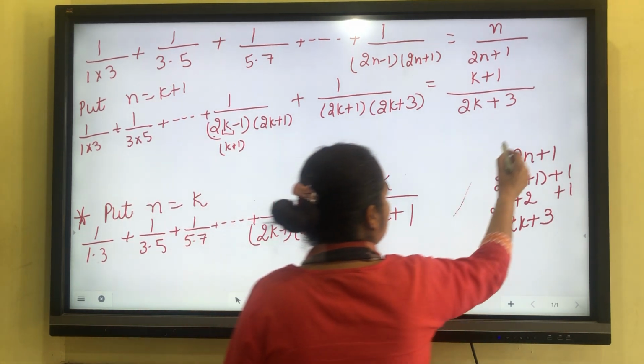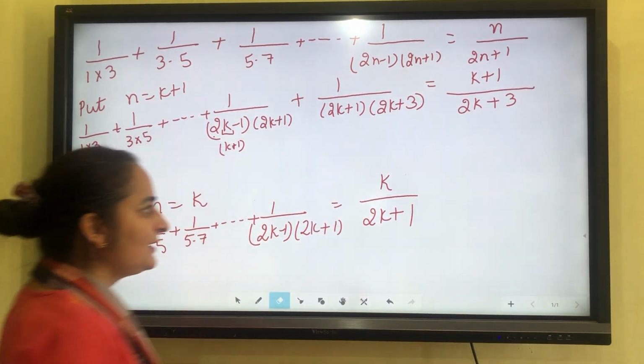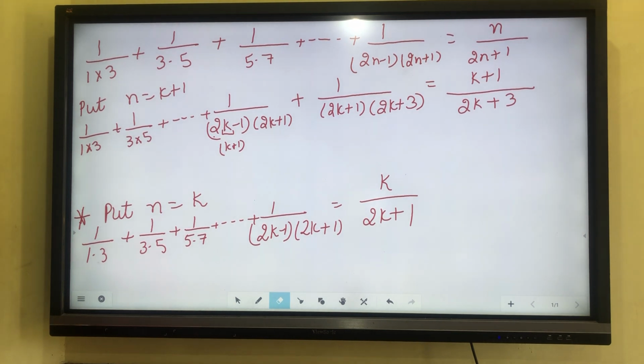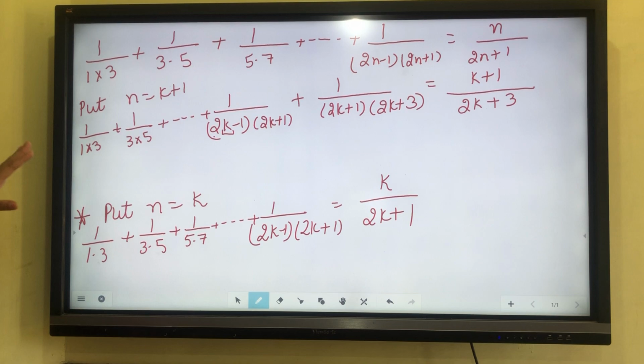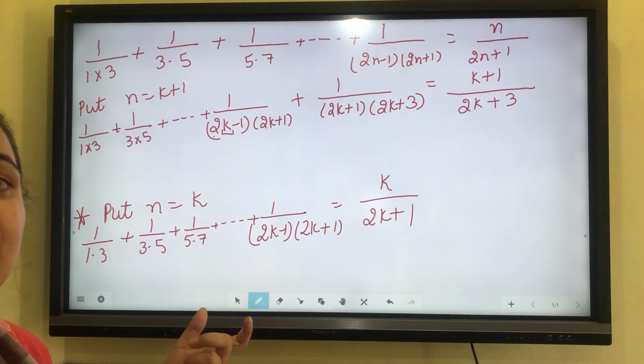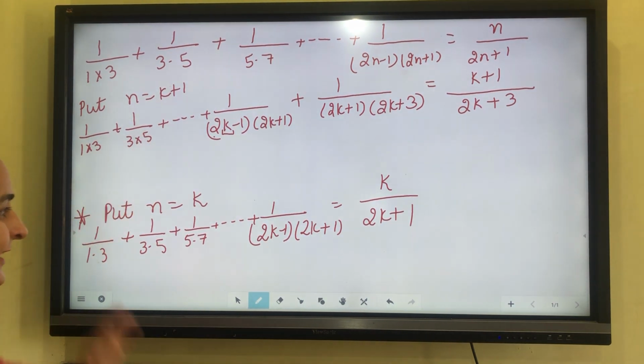But the third step is the solution step. What does the solution step mean? You have to prove here that the result of the left hand side is equal to the result of the right hand side. And how will you calculate the result of the left hand side? By using the second step.